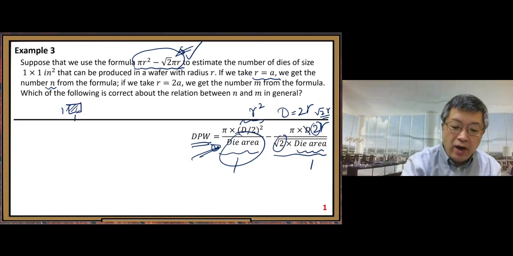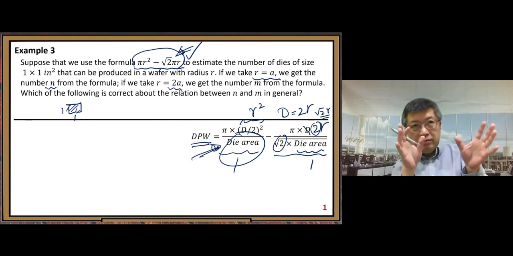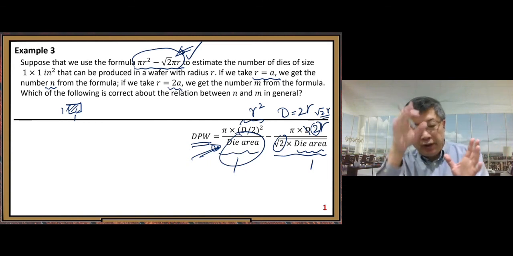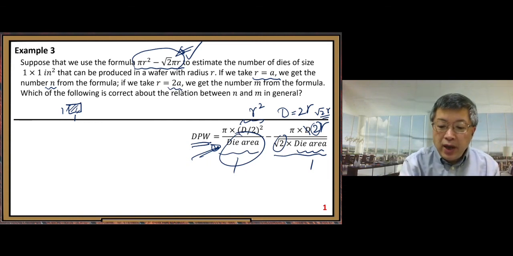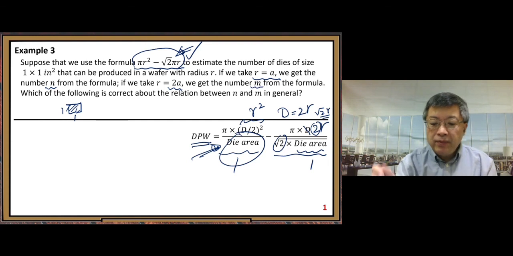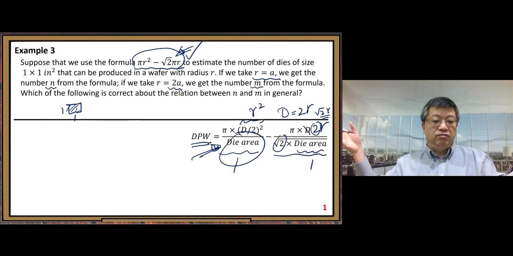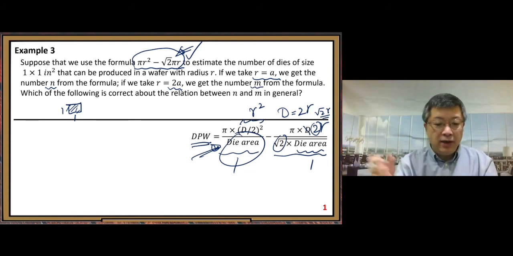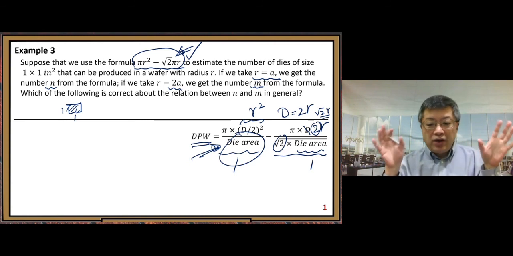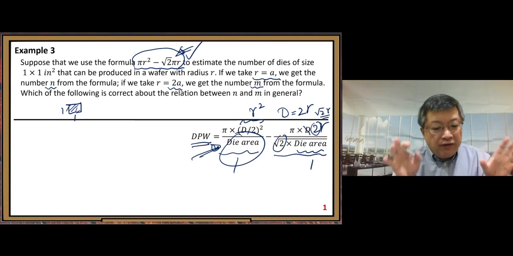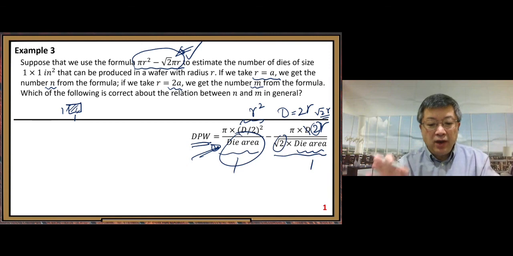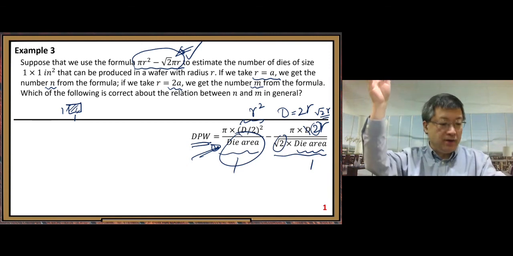If we take R equals 2A, double the radius, we get the number M from the formula. Now the question: which of the following is correct about the relation between M and N in general?